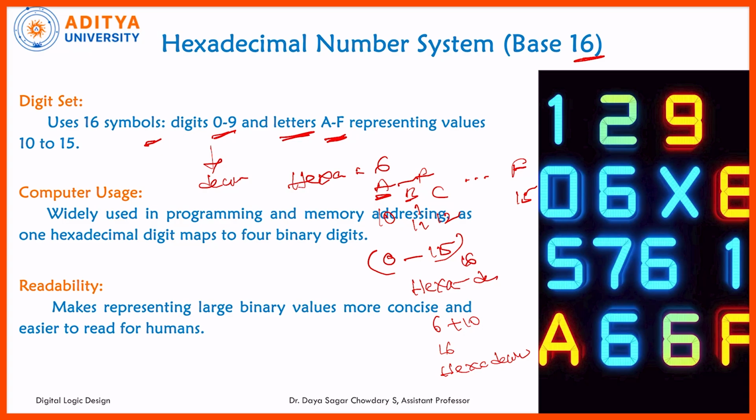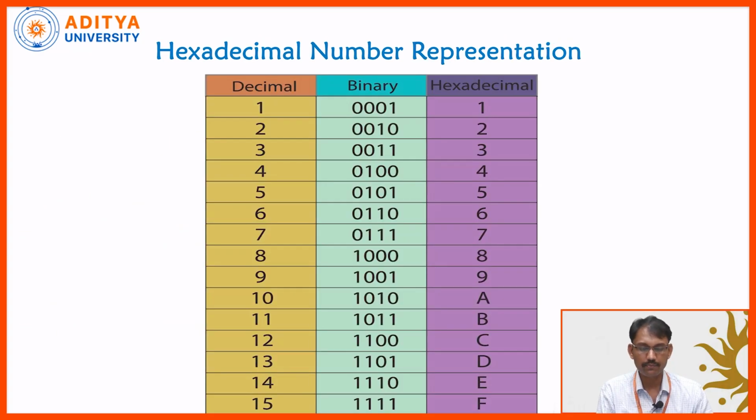This is very simple again. So this is a simple hexadecimal number representation: decimal, binary, hexadecimal. Decimal you can observe on the left, binary in the middle and on the right is the hexadecimal. Binary is a 4 bit representation. So simply we can write 1 in the hexadecimal.